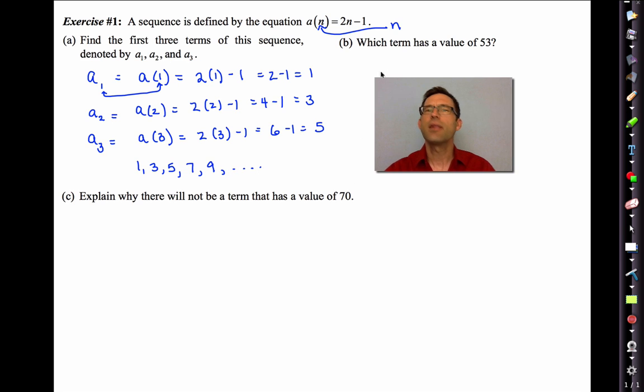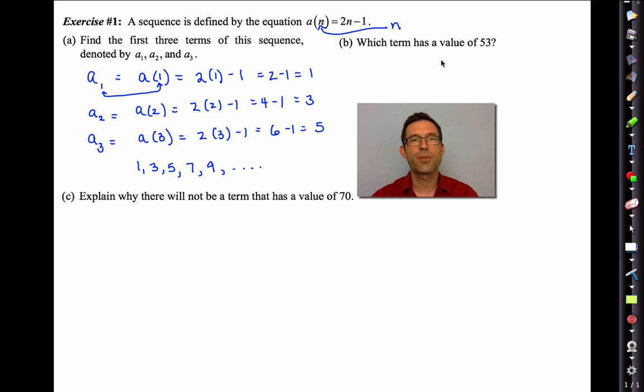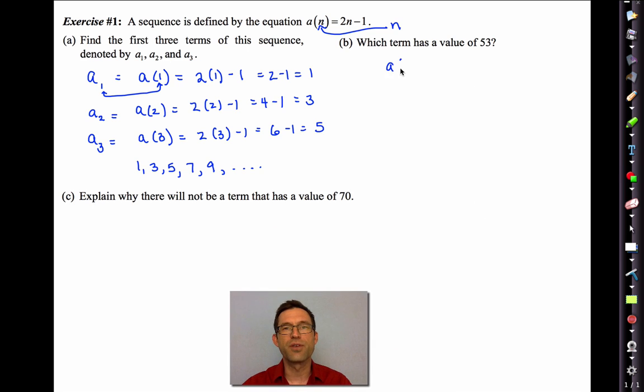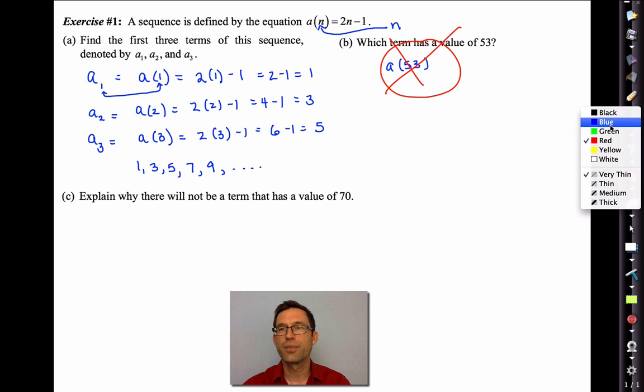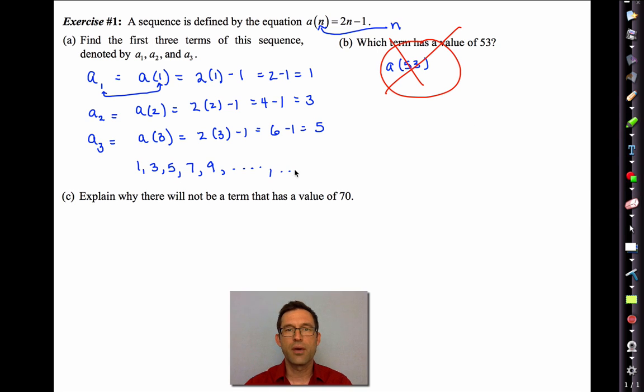Letter B. Which term has a value of 53? Now, what we don't want to do is figure out a of 53. We don't want to do that. In fact, let me put it in red. I want to know which one of the terms, somewhere out here, there's a 53.